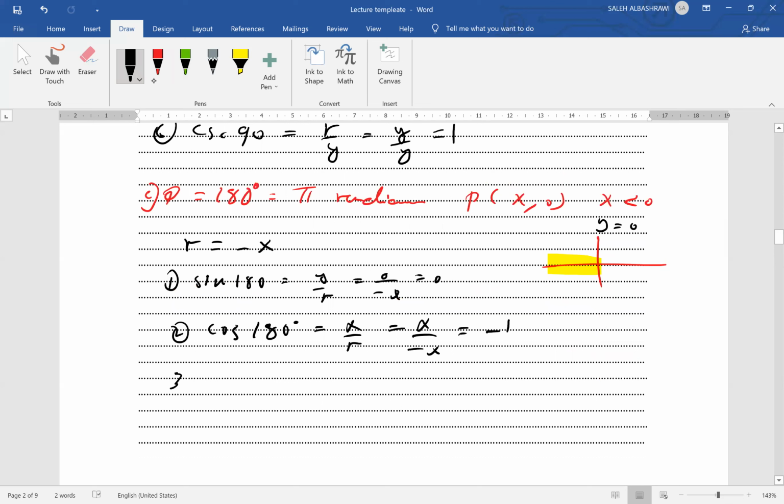Number three, tangent of 180, which is equal to y over x, that will be 0 over x, equal to 0. And number 4, cotangent of 180, that will be x over y, that will be x over 0, which is undefined.